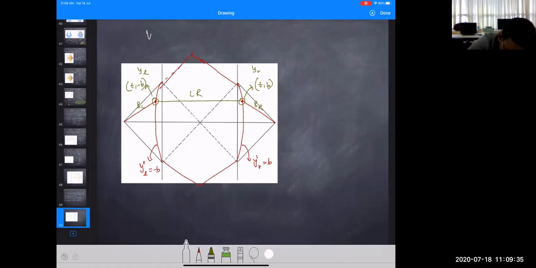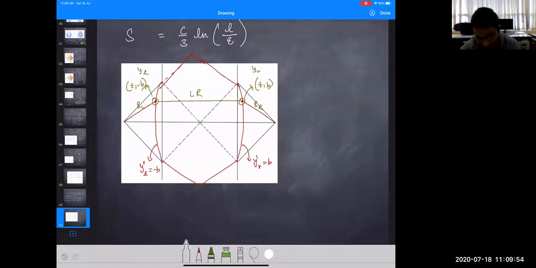In the W coordinates, the formula for entanglement entropy is just c/3 log of L divided by epsilon, where L is the length of the interval. This is the entanglement entropy formula in a 2D CFT in its vacuum. We computed this in W coordinates and saw that it comes out to be linear, which is the result I showed you.